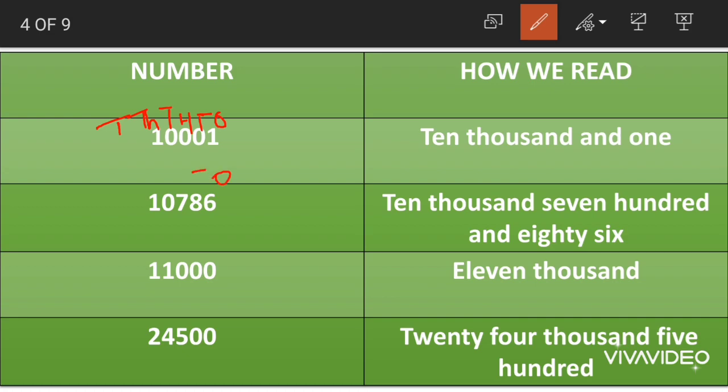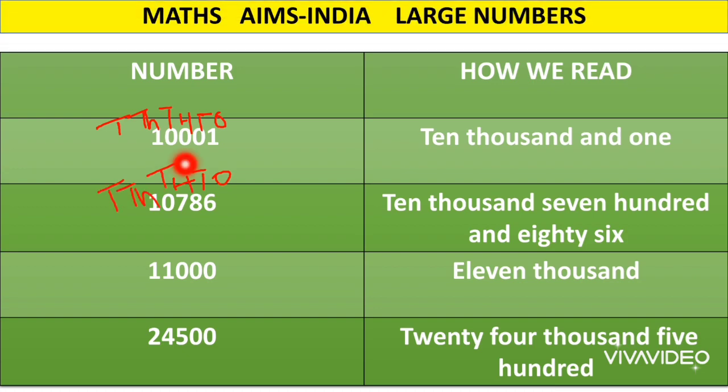Let us write the place values: ones, tens, hundreds, thousands and 10,000s. If we take this number 786, you already know how to read it, right? 7 is at hundreds place, 8 is at tens place and 6 is at ones place.